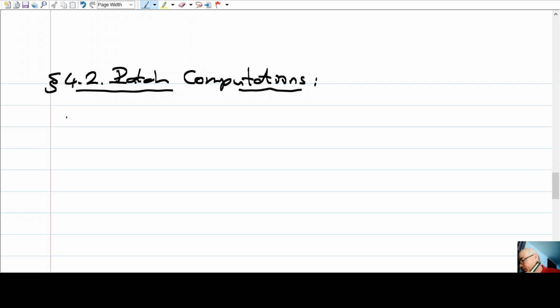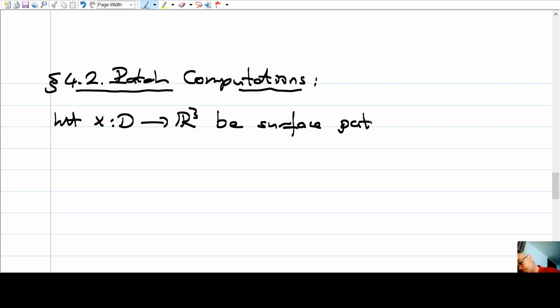All right, let's start with a surface patch. Let X be a surface patch, and (u0, v0) a point in the domain of the surface patch.